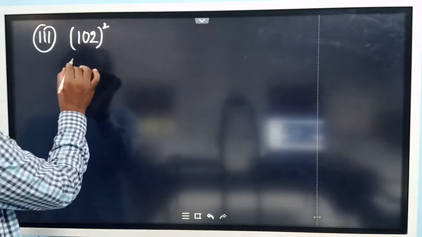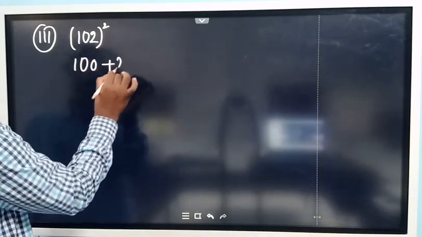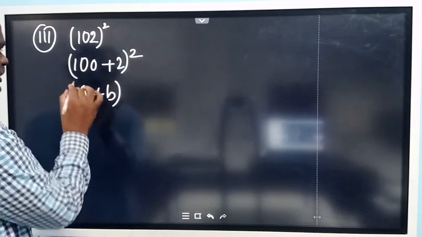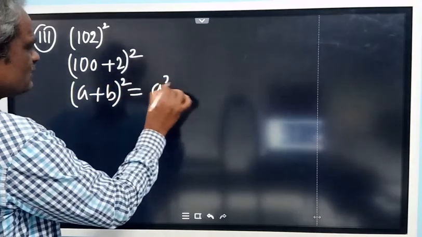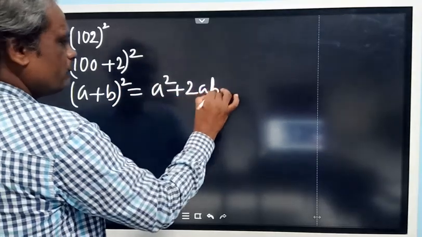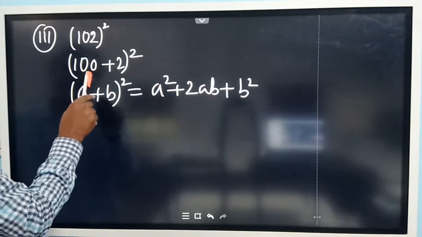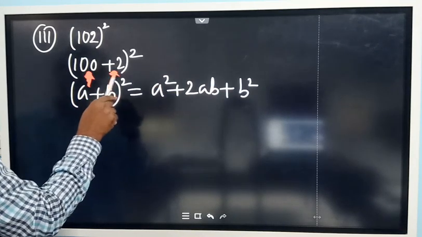102 whole square means we can write this as 100 plus 2 whole square. It is in the form of a plus b whole square, equal to a square plus 2ab plus b square. Now in place of a you write 100, in place of b you write 2.